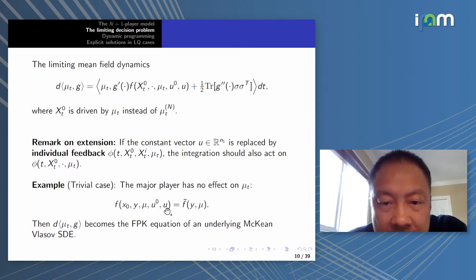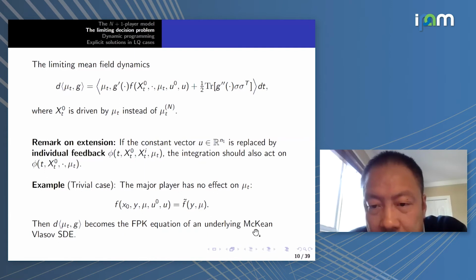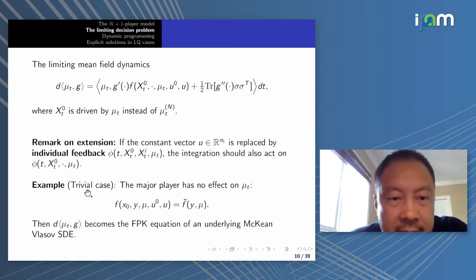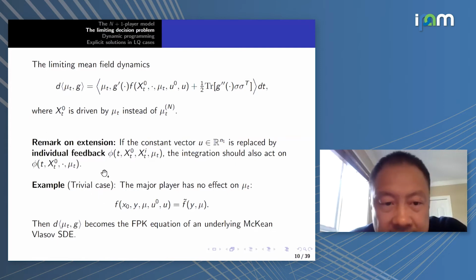So there is no impact from the state of the major player. In this case, this ODE in a weak form actually becomes the FPK equation of an underlying SDE. So this is the trivial case.